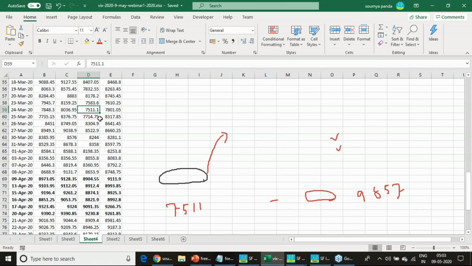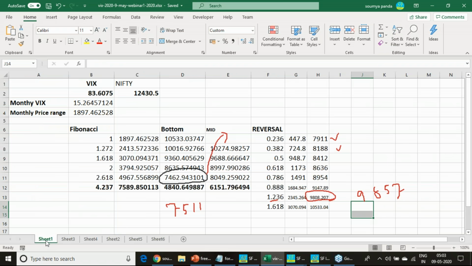If we make a small change here, we calculated this from here and calculated all the reversals. The actual is 7511. So if I replace this, you can find out exactly where the reversal is happening.